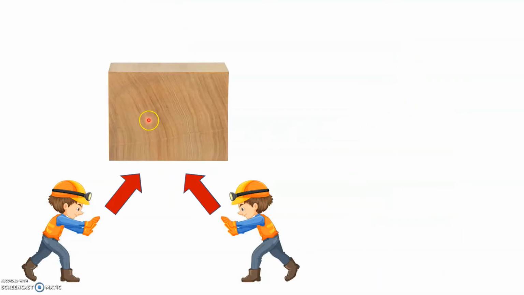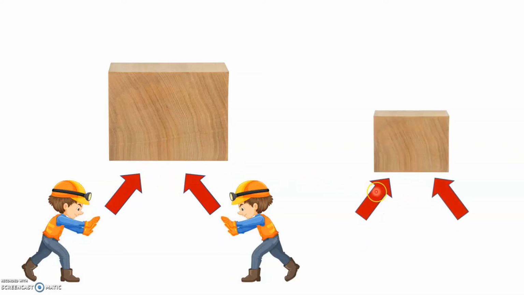Now let's assume this is a wood block, and the same force is applied by these two people here. Now the wood block will begin to move a distance. So I'm going to call this magnitude. First we saw direction, this is magnitude.